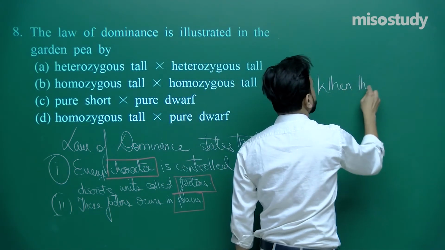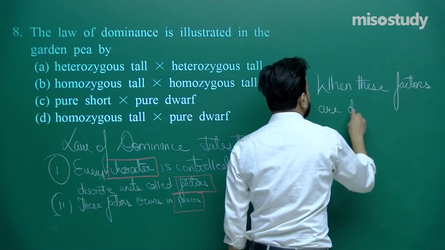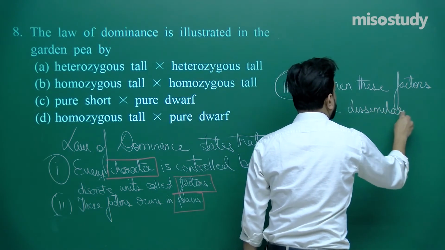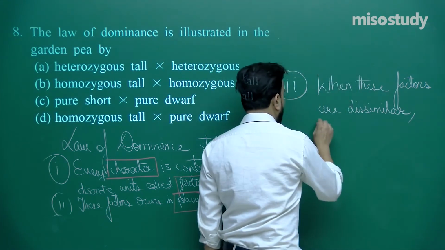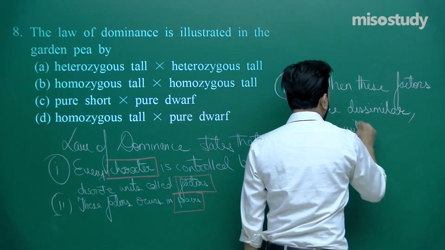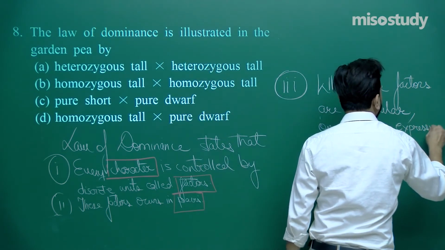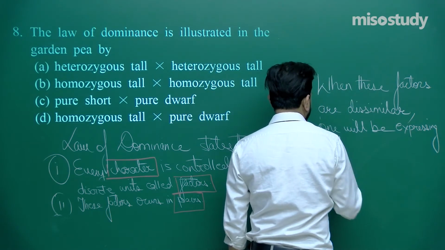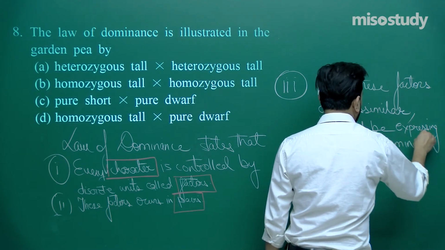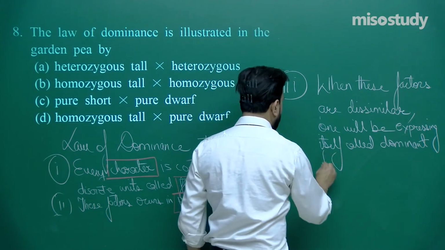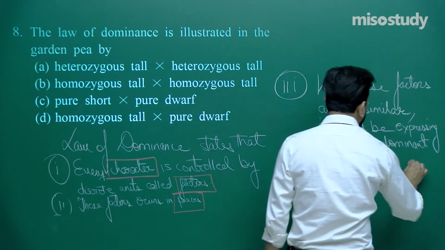When these factors are dissimilar, one will be expressing itself, called the dominant factor, and the other called the recessive factor.